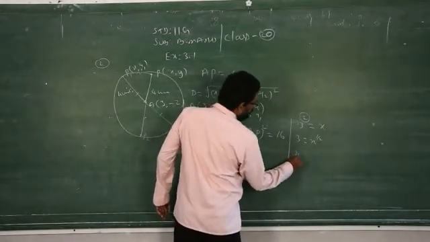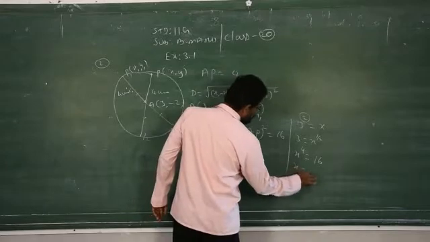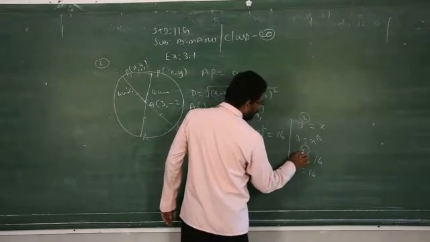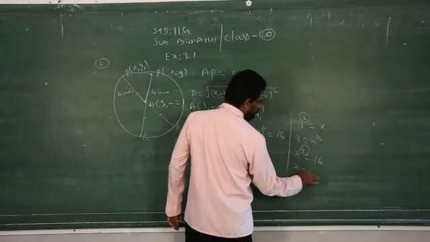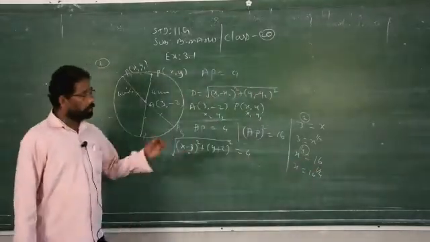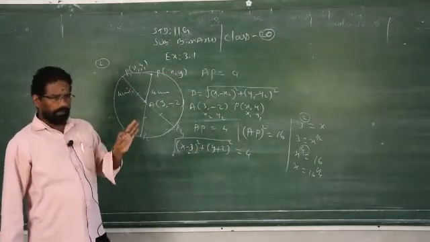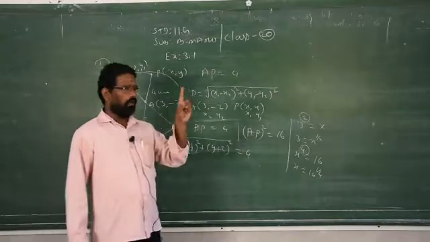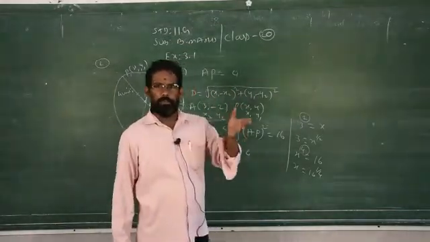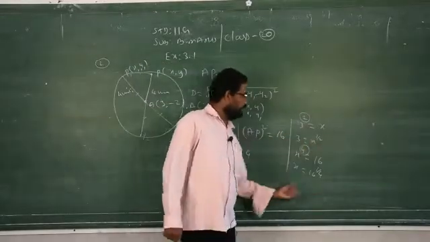For example, x power 4 is equal to 16. What is your x? When you transfer to the right side, the power of the base x will become the reciprocal 1 by 4, that is the 4th root. If it is 1 by whatever the number, then you go for the root: 1 by 2 square root, 1 by 3 cube root, 1 by 4 fourth root, and so on. So this is the basic concept.